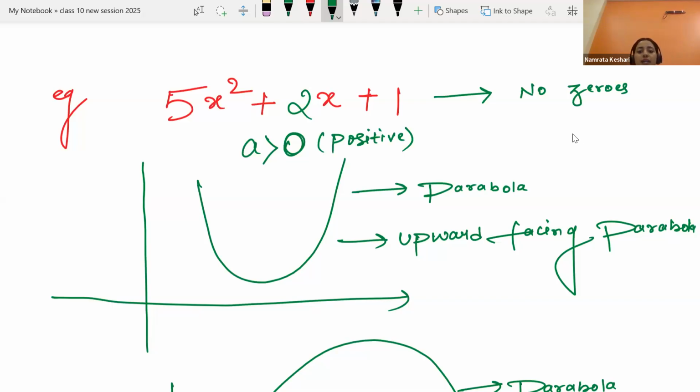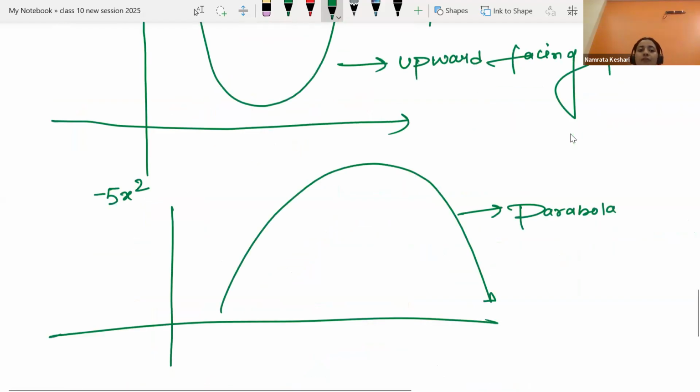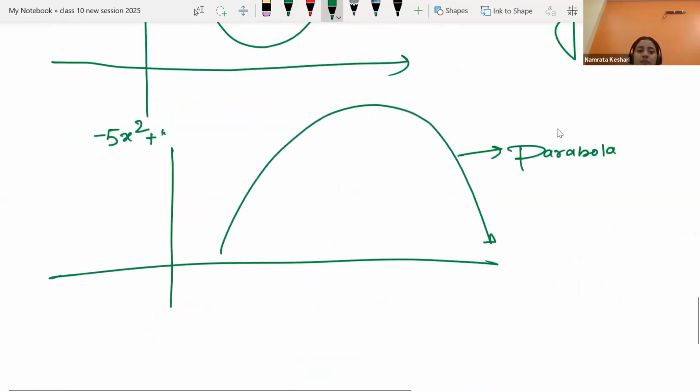If it is a negative number, I can show you the same with the help of software as well. If you have minus 5x square plus 2x plus 1, it will be a downward facing parabola. So we say that when a is bigger than 0, it is an upward facing parabola.